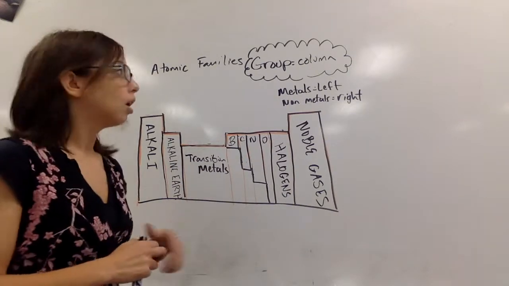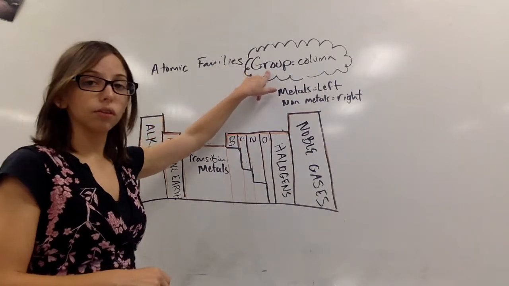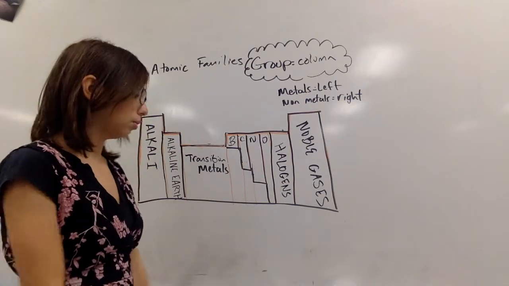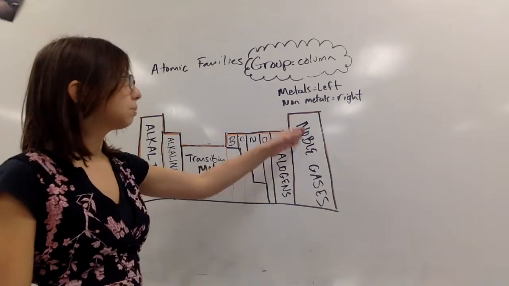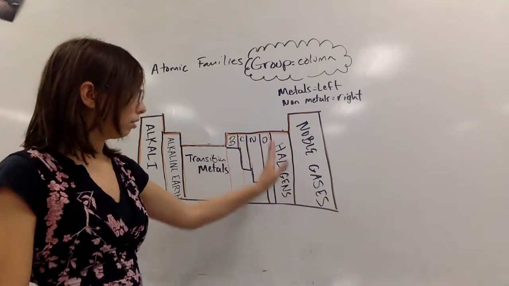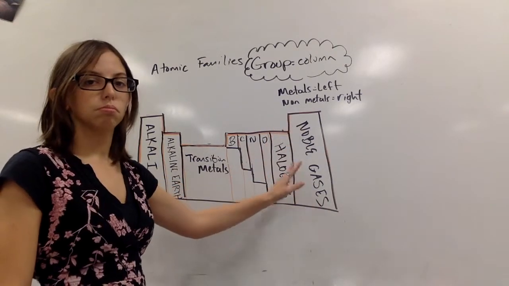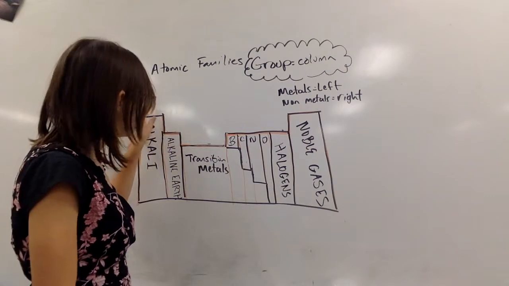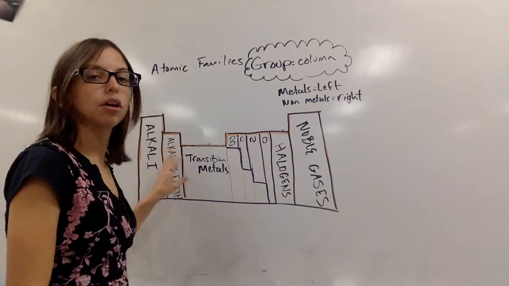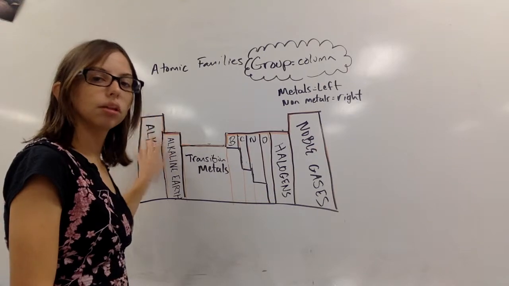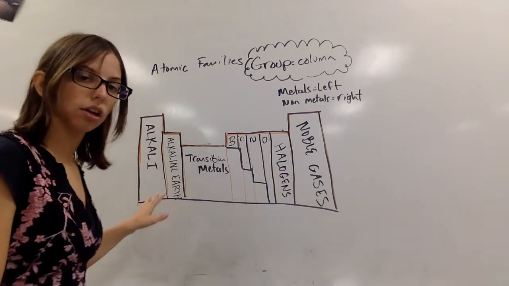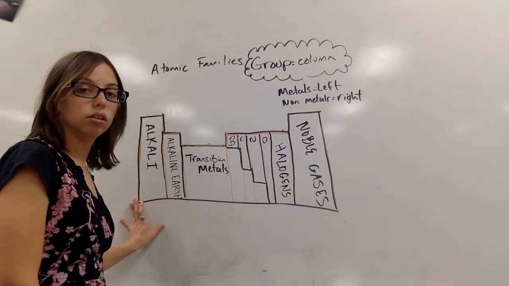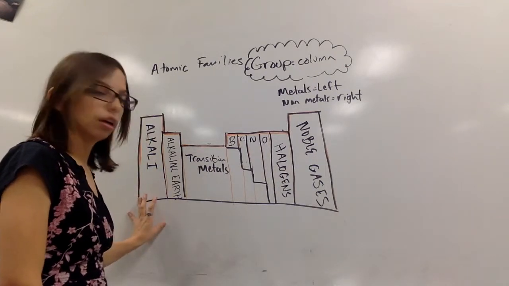Before we begin, I want to make sure you know a couple of vocab words. A group on the periodic table. When I say elements are in a certain group, that just means they're in one column. And this is part of the beauty of the periodic table: through its development, we've managed to put elements that all act like one another, that look like one another chemically, into one group, into a single column.